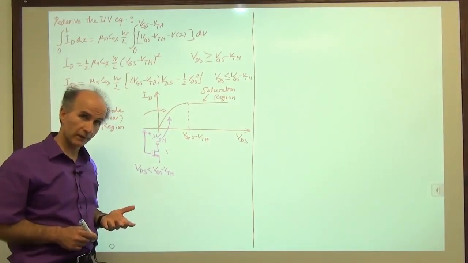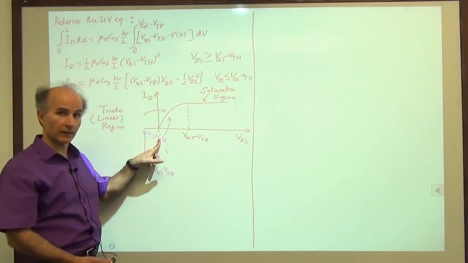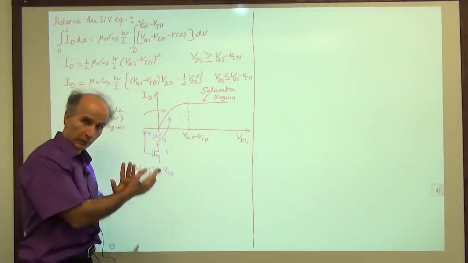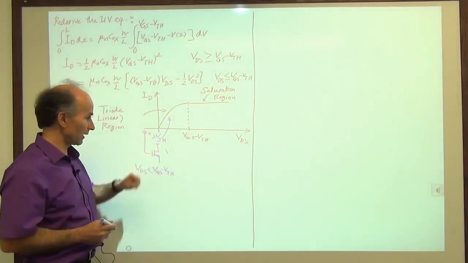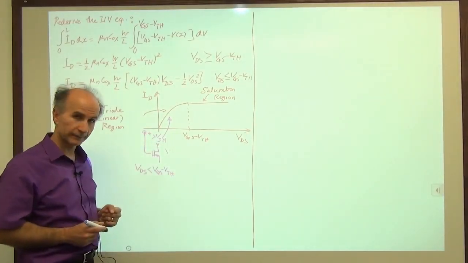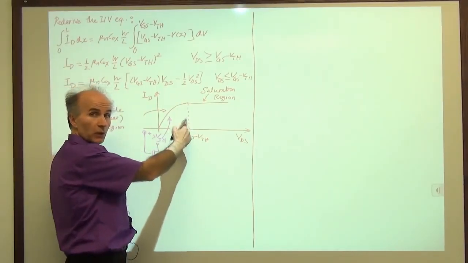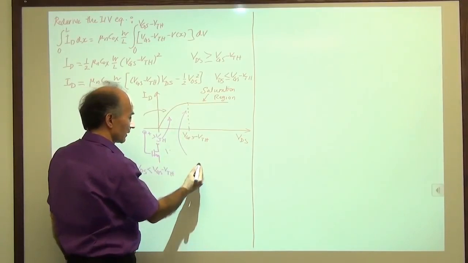What's the definition of source? Source is the one that has a lower potential. Drain is the one that has a higher potential. So somehow we know which one is source, which one is drain. And once we know that, then we just look at the gate and the drain, and we look for this condition.